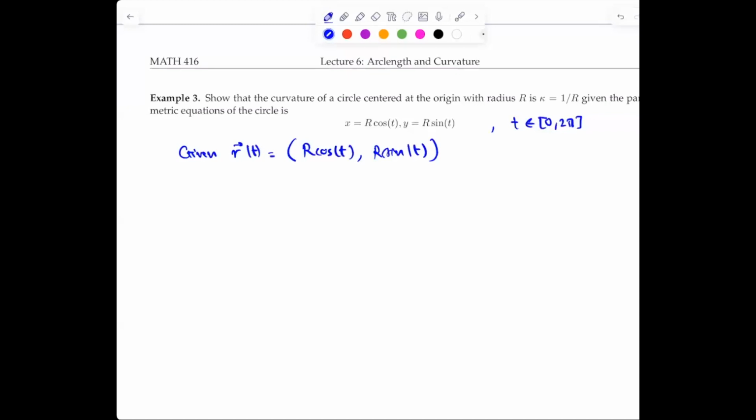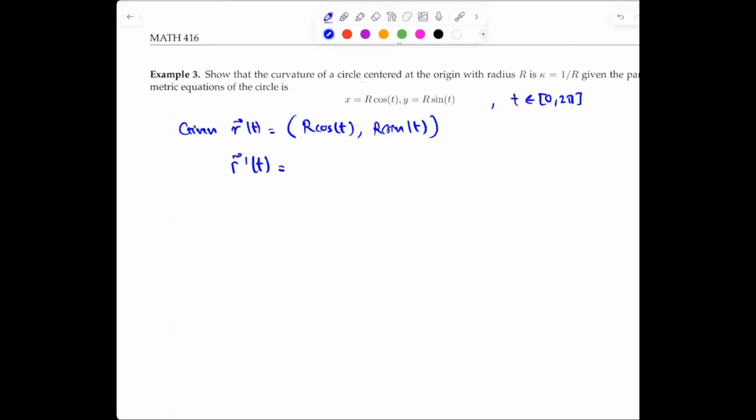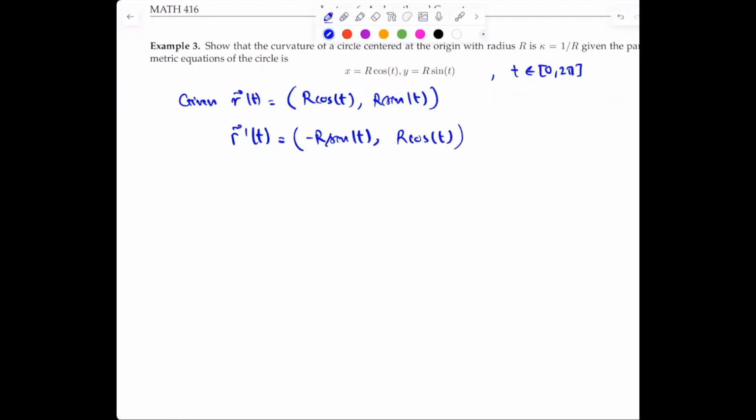So you need r prime, the tangent vector. This gives you negative R times sine of t, comma R times cosine of t. So you have r prime, and you find the magnitude of the tangent vector. You have negative R times sine of t all squared plus R times cosine of t all squared.